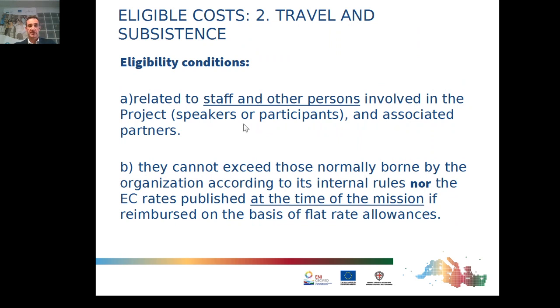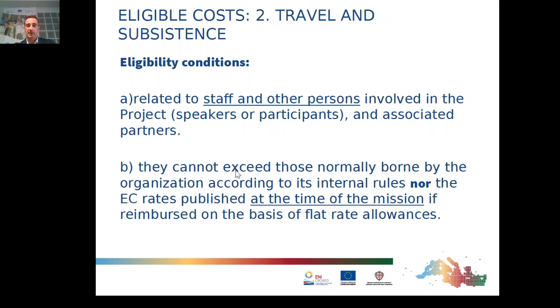Travel and subsistence, which is cost category 2, must be related to staff and other persons involved in the project. By this, we mean, for example, speakers or participants. You will also have the opportunity to report the travel costs of your associated partners, if any.